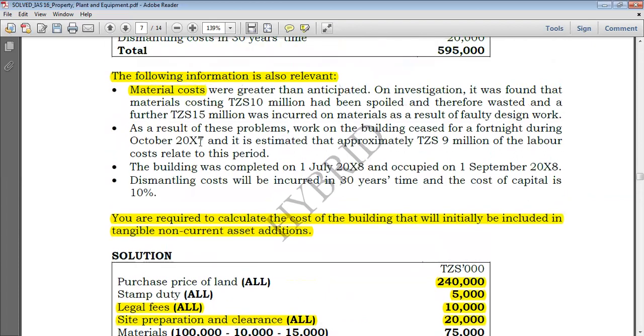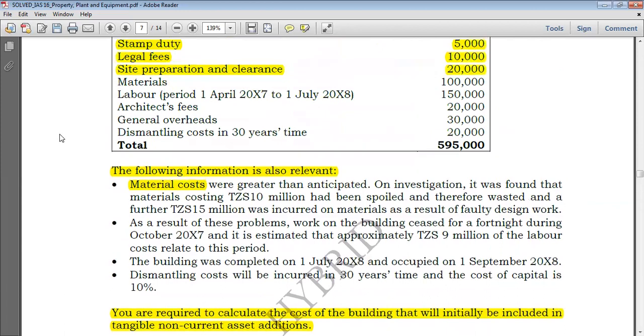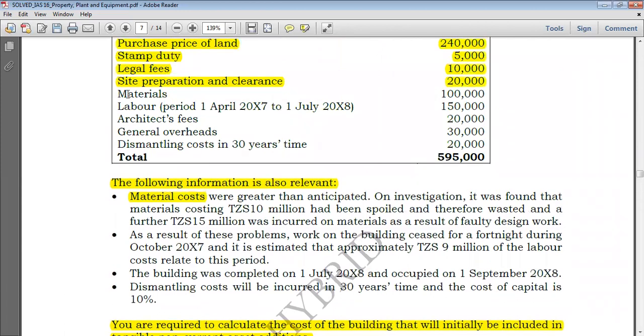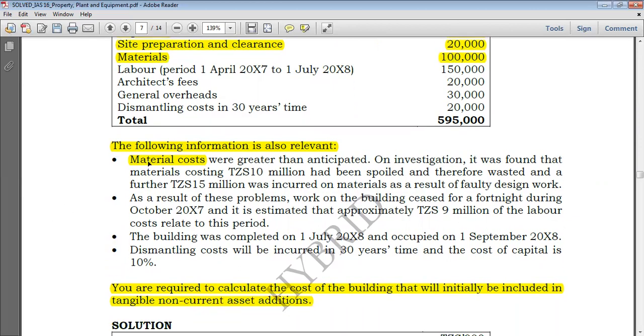As I told you, you have to check down here if there is further information. But here it's just about labor, dismantling, and completion of the building, so nothing more. Going to materials now, for which information has been given down here. Materials look to be 100,000, but are we going to record this 100,000? Read the further information here. Material costs were greater than anticipated. Why? Were there abnormal materials which are not capitalized?